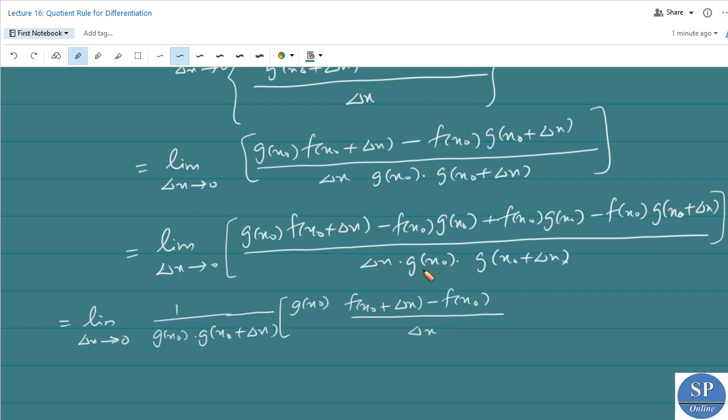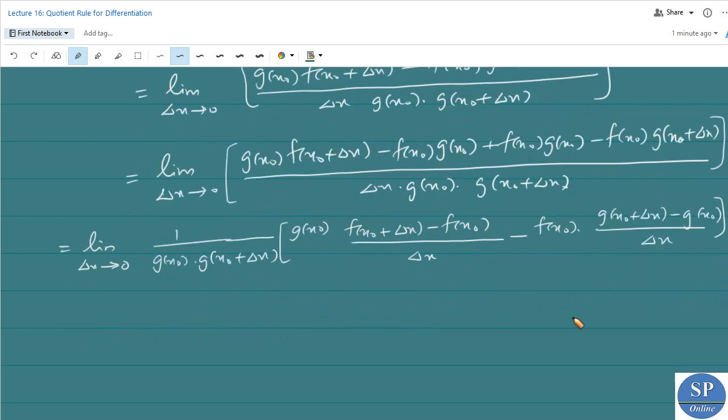Now plus, from these two we have minus f of x naught can be taken outside, so f of x naught into g of x naught plus delta x minus g of x naught divided by delta x.